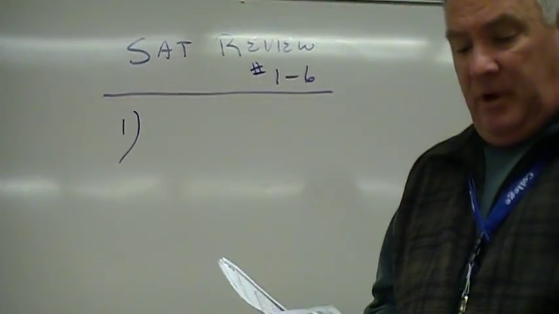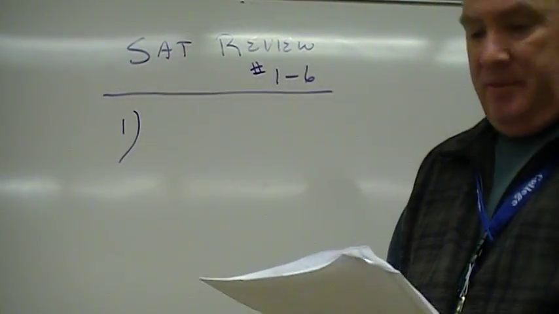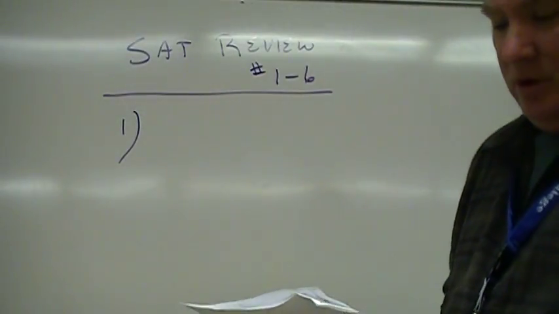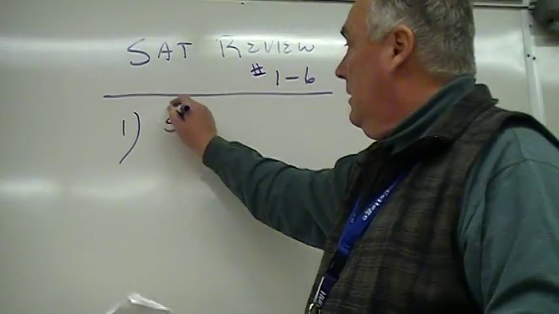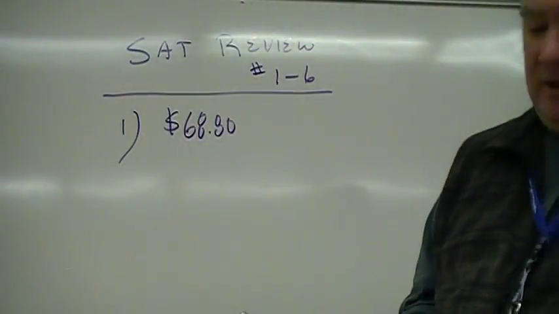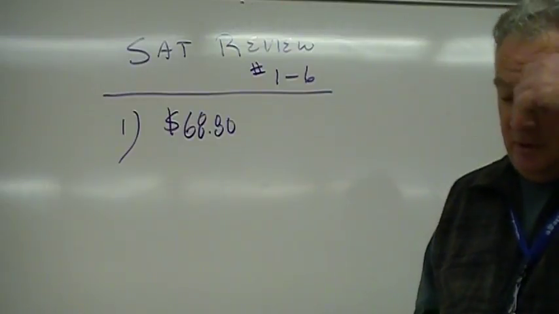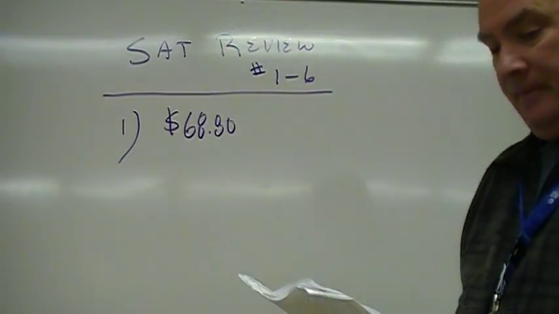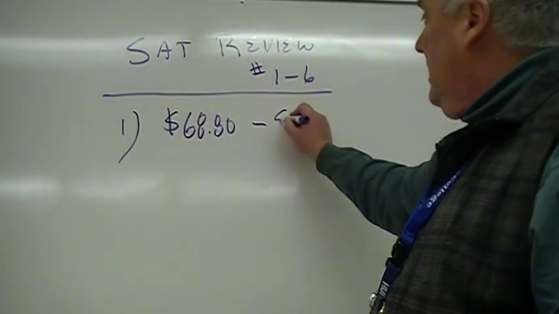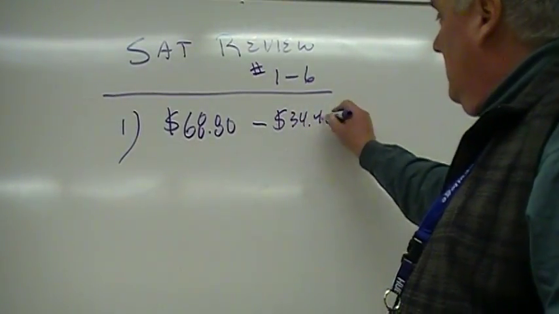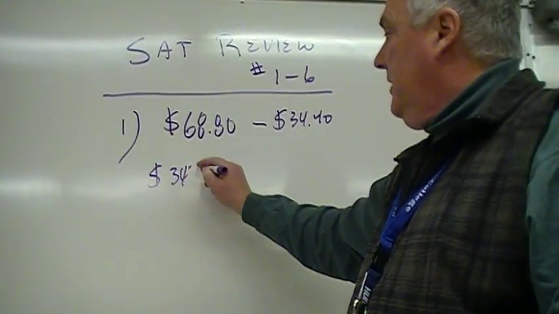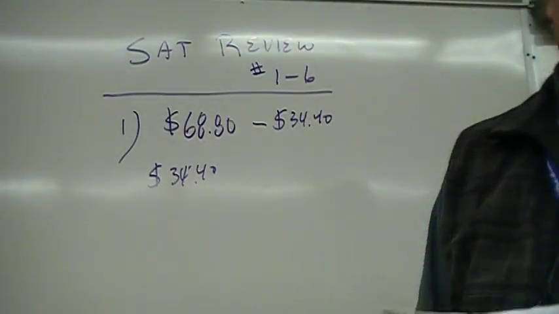And what we want to find out is how much each monthly payment was. And so if we add up all 4 costs, we're going to get $68.80 for all publications. And that's what she's paying. Paid an initial payment of a half, so minus $34.40, which means we have $34.40 left.